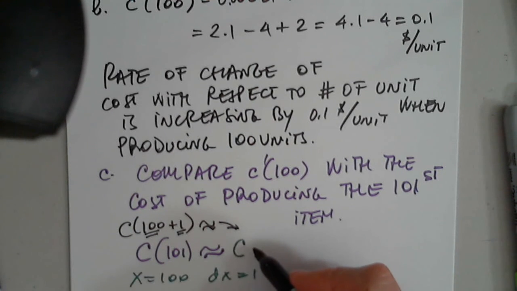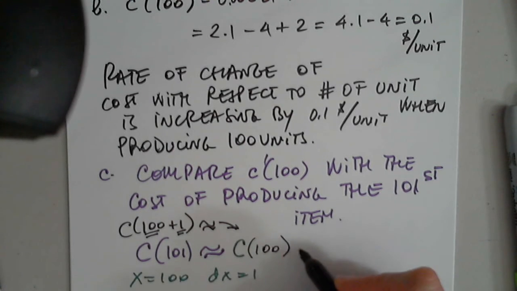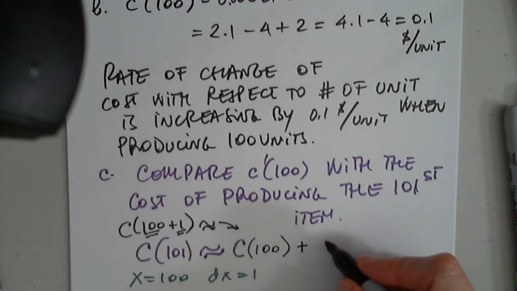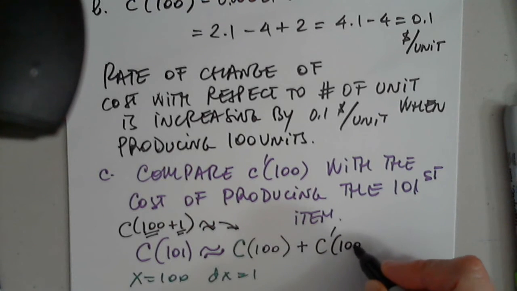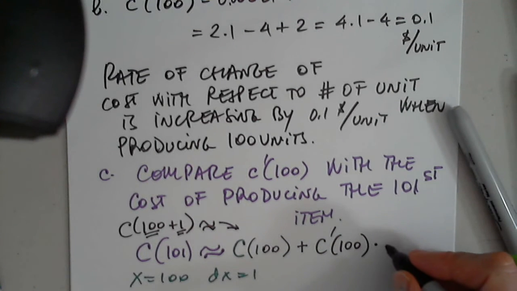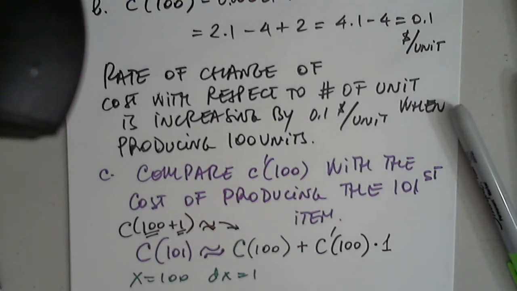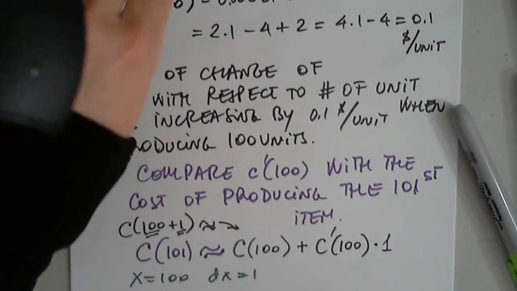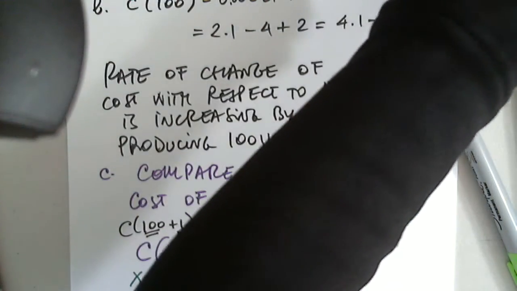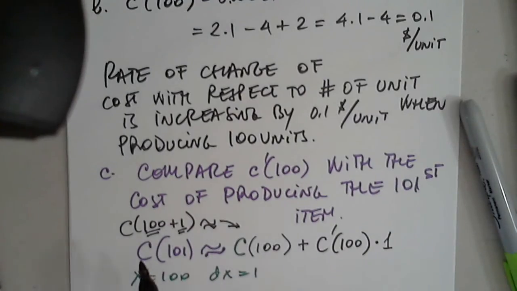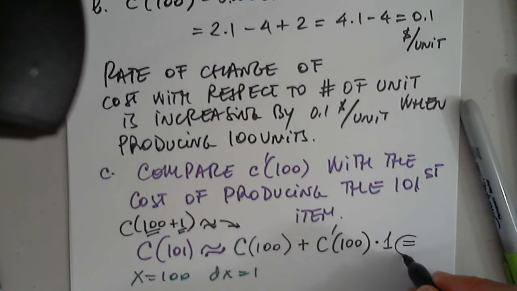Is it C of 100? Excellent. And then plus the derivative of C, multiplied by 1. Exactly. Thank you, Isaac. Very good. So it's f of x plus dx is f of x plus f prime of x times dx. Great job.